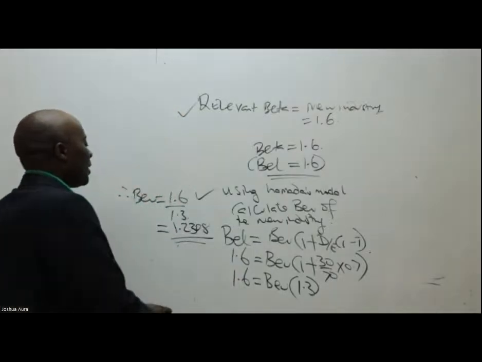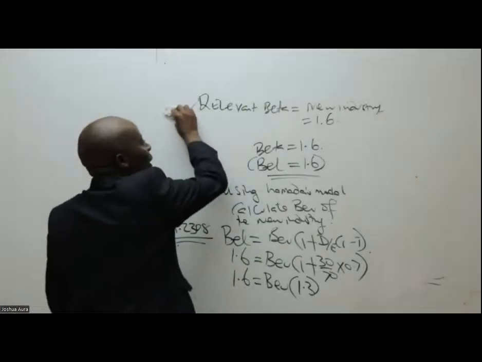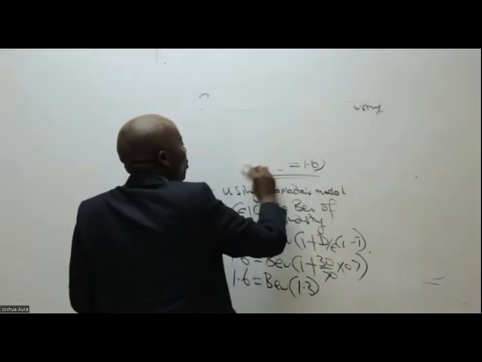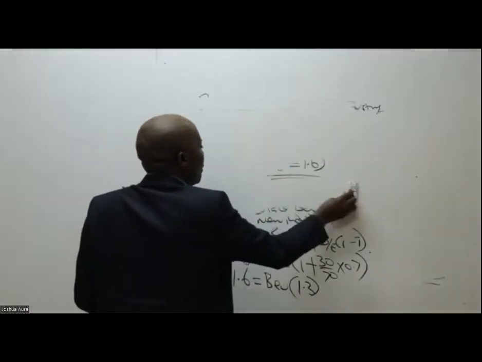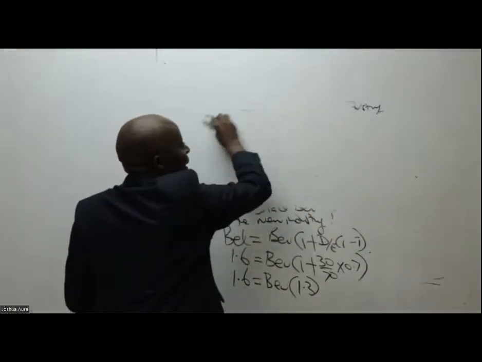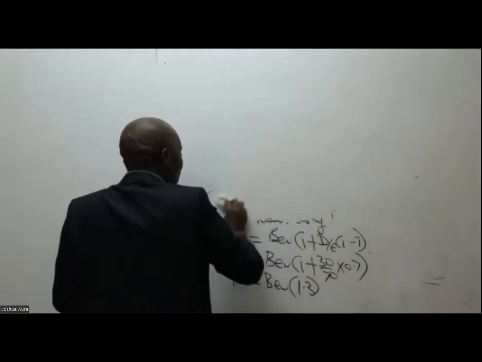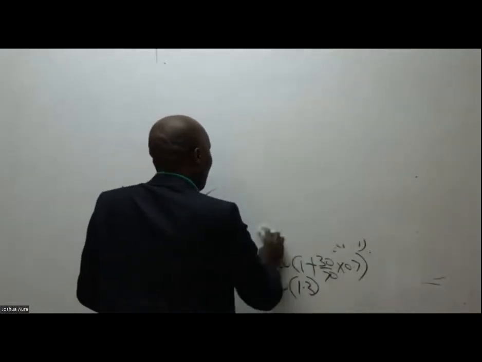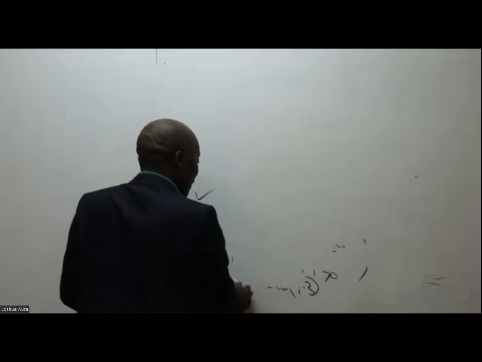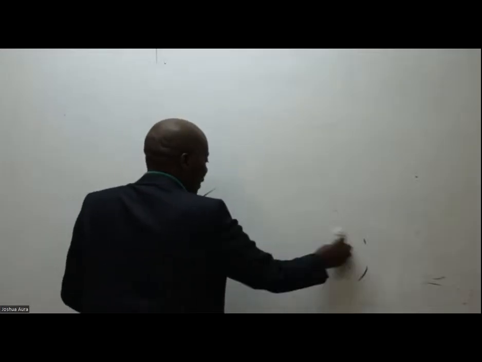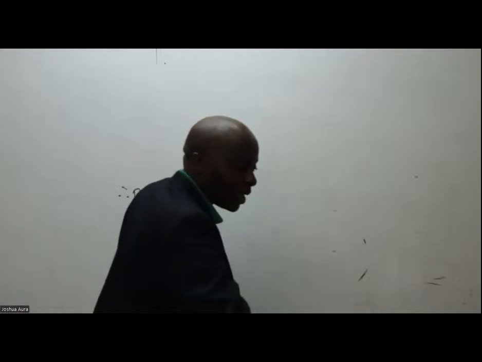So after getting this BEU, now I can apply this BEU of the relevant new industry to the various scenarios given. Now this becomes very easy for me. So I go to the various scenarios given.